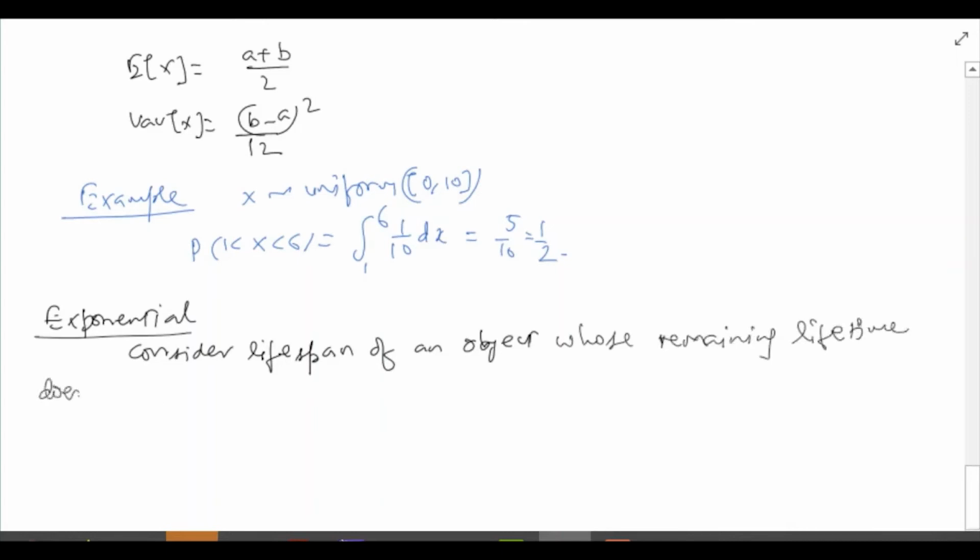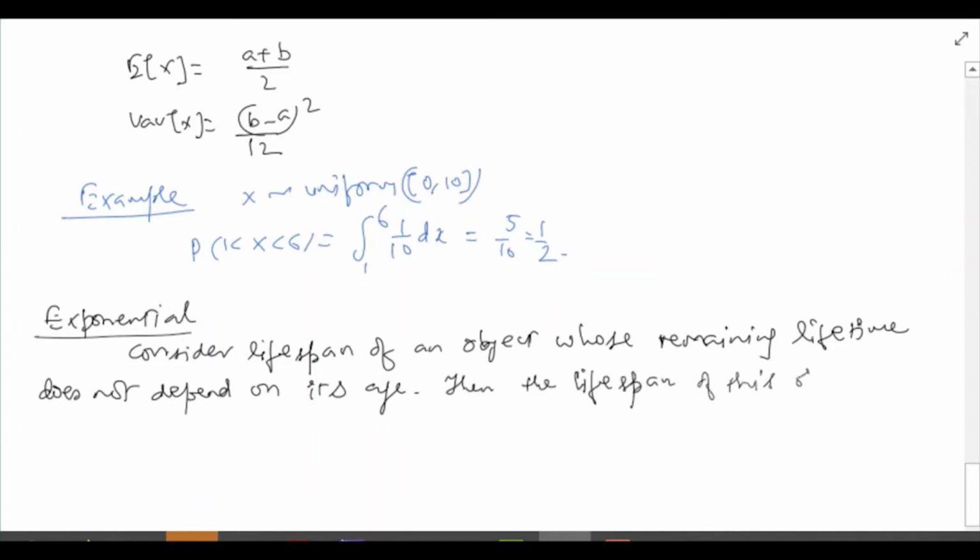Then the lifespan of this object has exponential distribution.